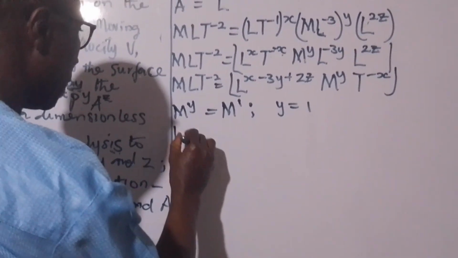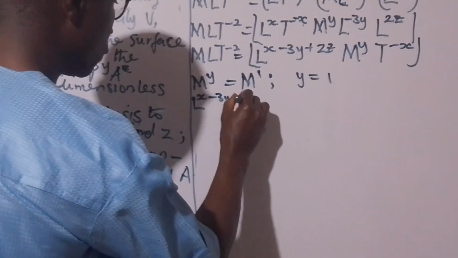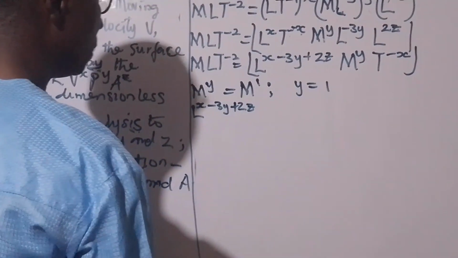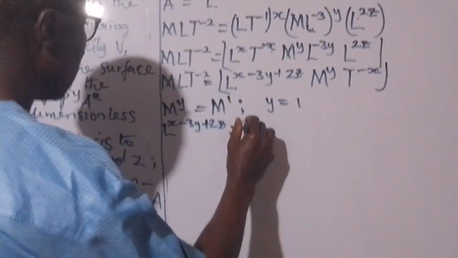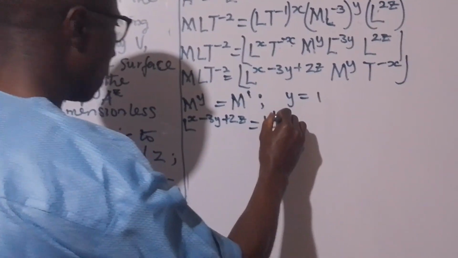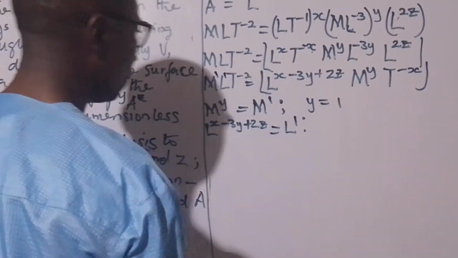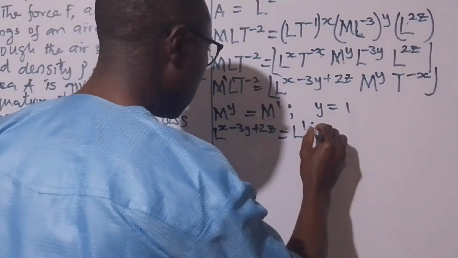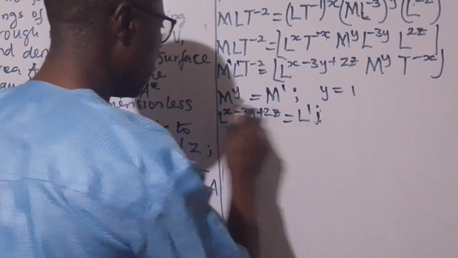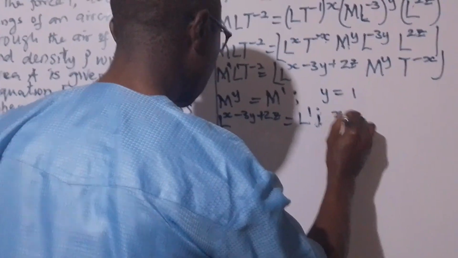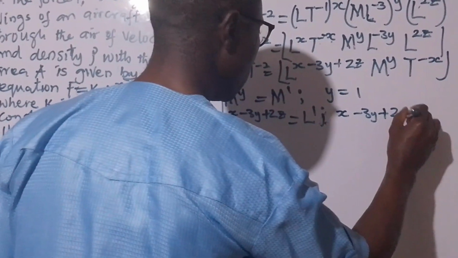L raised to power s minus 3y plus 2z, then equal to L raised to power 1. Then it will now give us the same base, different power. That will be s minus 3y plus 2z equal to 1.